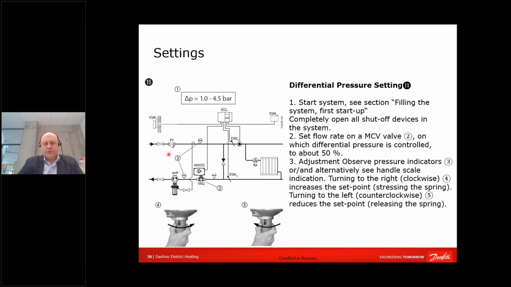Then you look at the energy meter, which is situated somewhere at the inlet, and you set the pressure controller to the desired value. Some might include a shut-off valve on the impulse tube. That should be considered to be open during pressure tests.